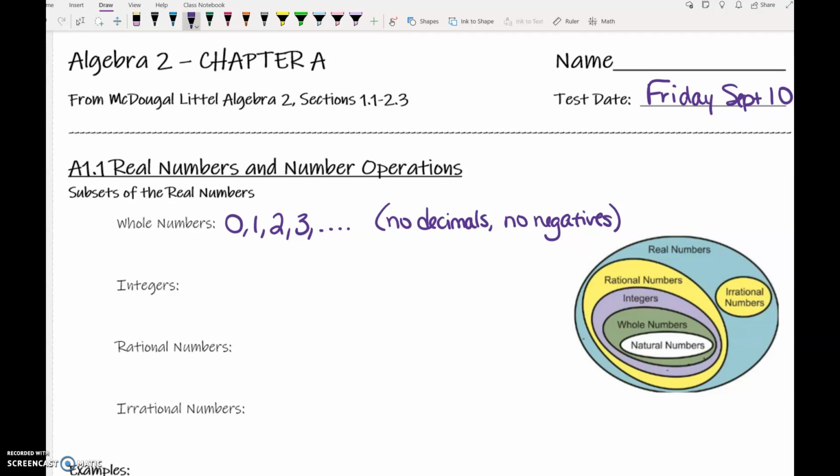Integers are all of the whole numbers plus negatives. So -3, -2, -1, 0, 1, 2, 3, and so on. There are still no decimals in the integers.